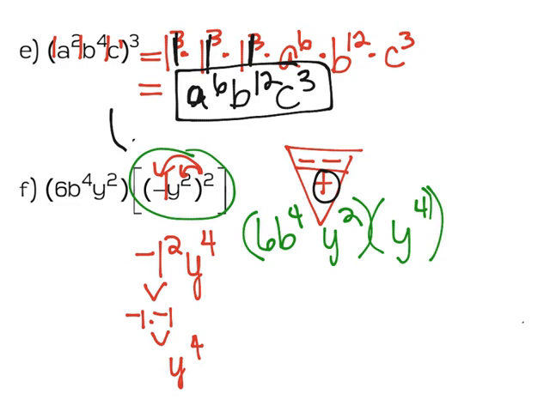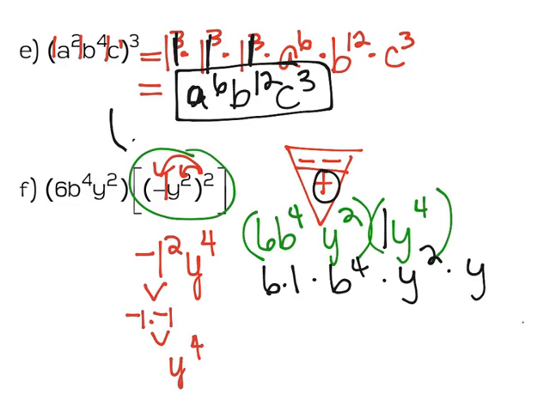And now we can go ahead and apply our laws of exponents. Of course, there's a 1 in front of the y as the coefficient. So first, we're going to multiply out our coefficients. 6 times 1 times b to the 4th times y to the 2nd times y to the 4th. We've just expanded that out.